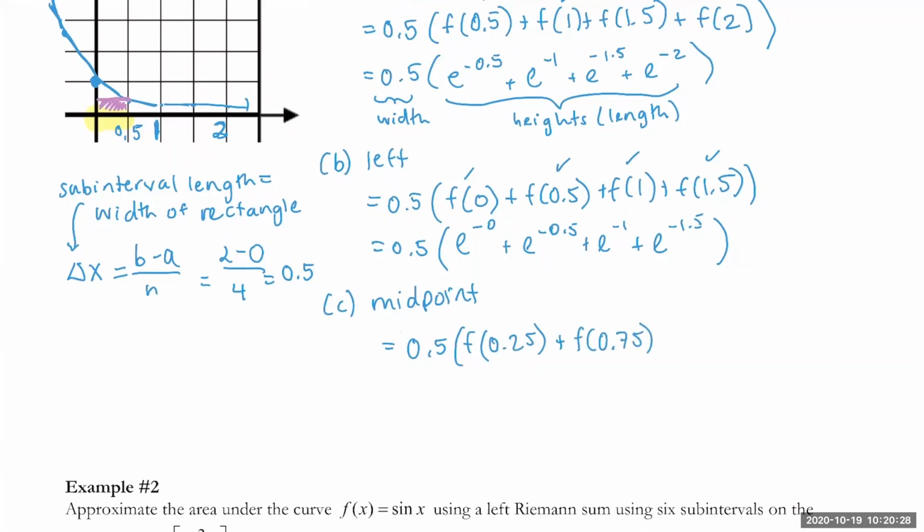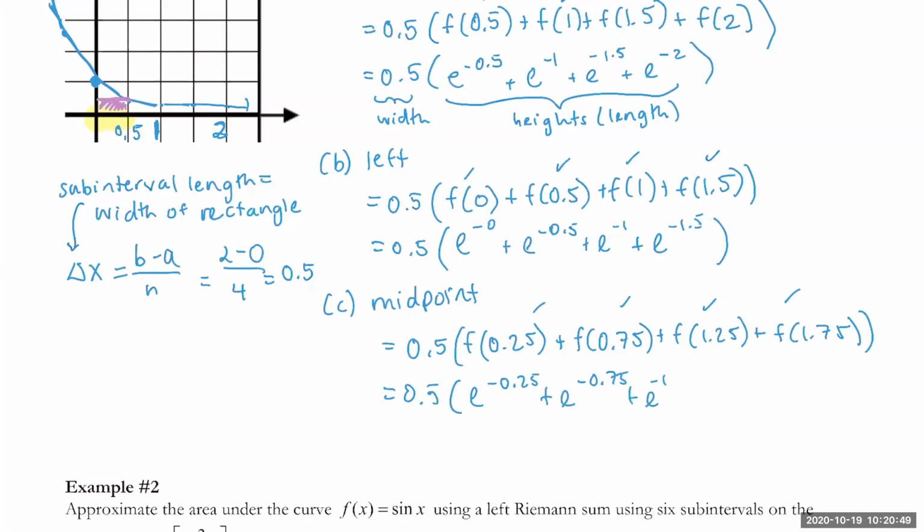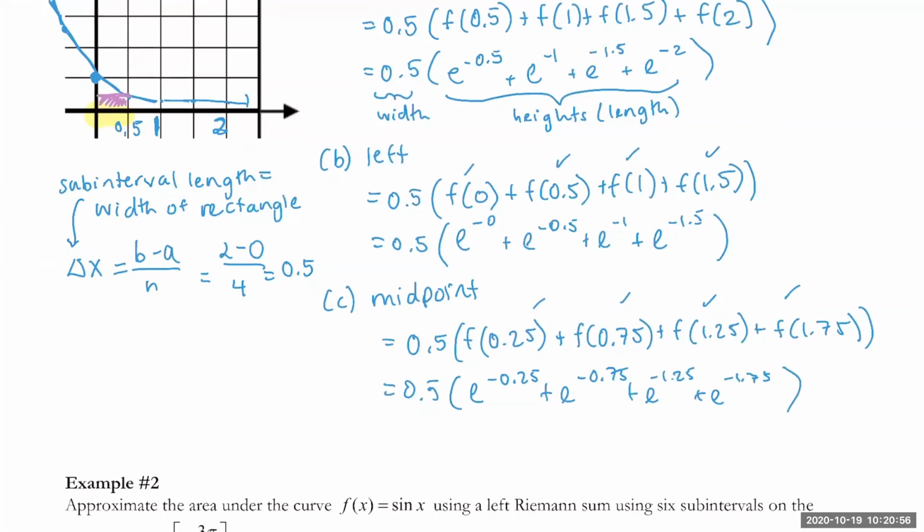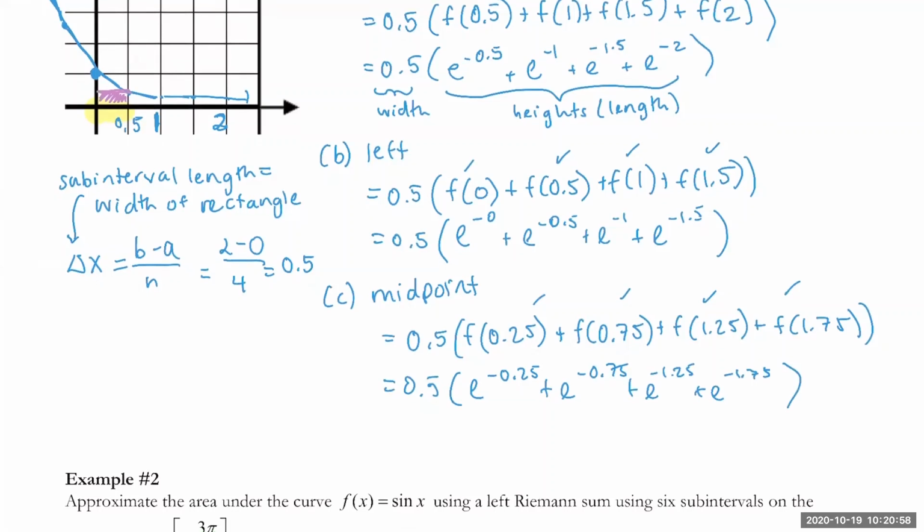F of 0.75, f of 1.25, and then f of 1.75. And that gives me 1, 2, 3, 4 rectangles. And then finish it off by plugging it in to get your y values. And that's it. So we leave our answers as such. If it's free response, you don't have to simplify that out.